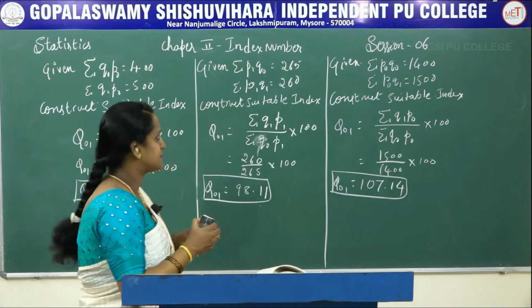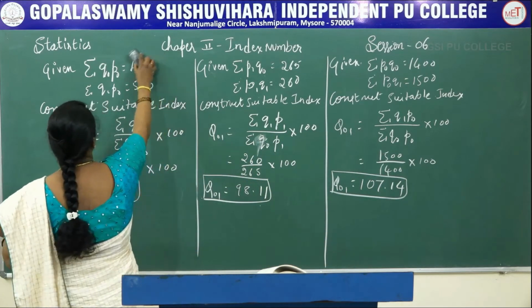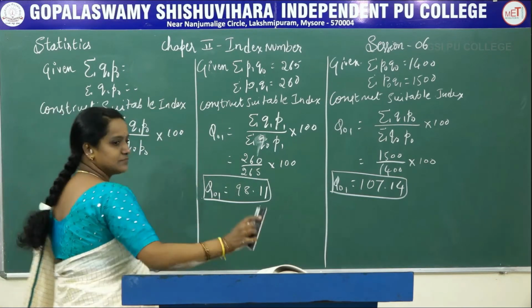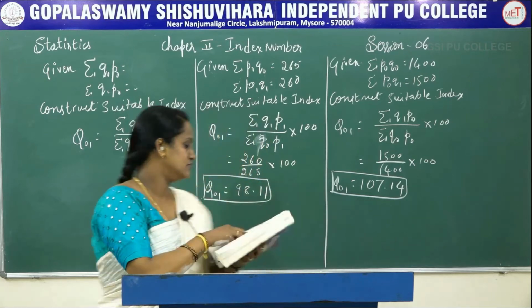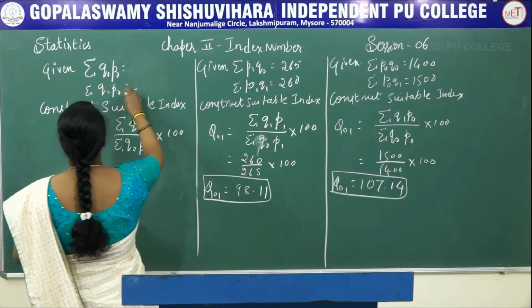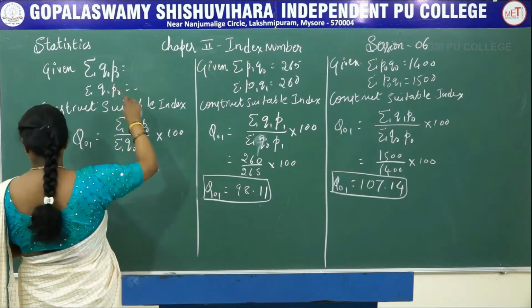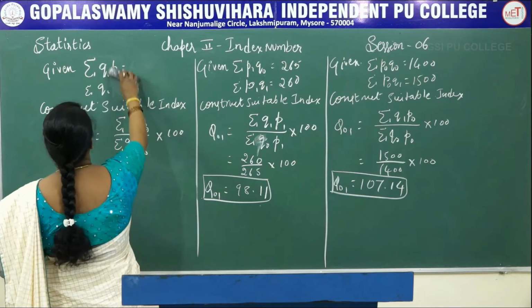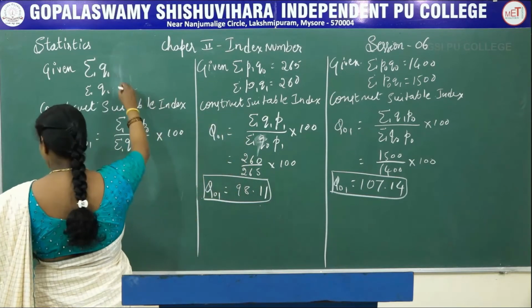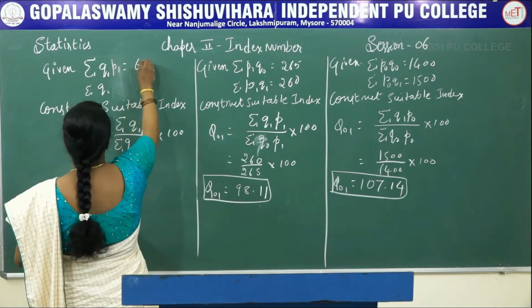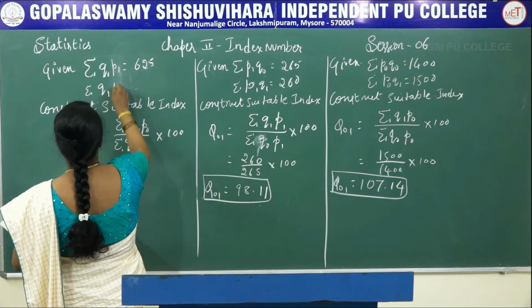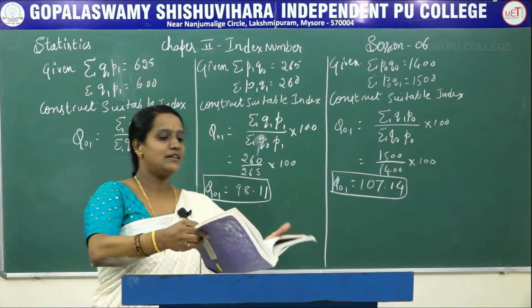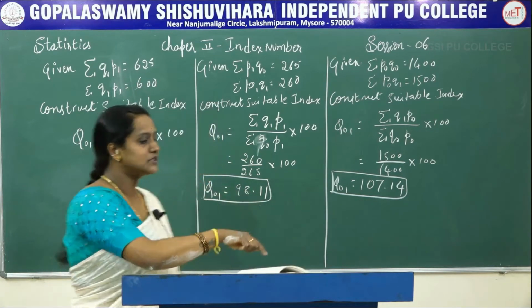Next one. Q0 P1 is equal to 625, Q1 P1 is equal to 600, and construct a suitable index number.